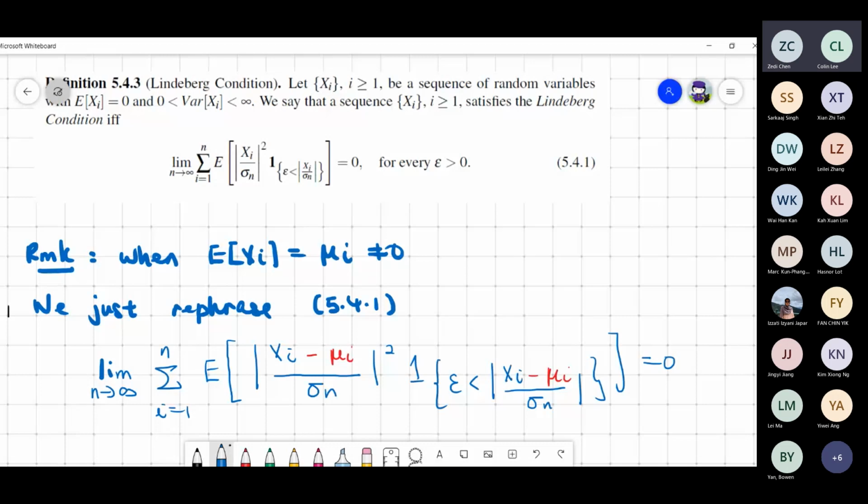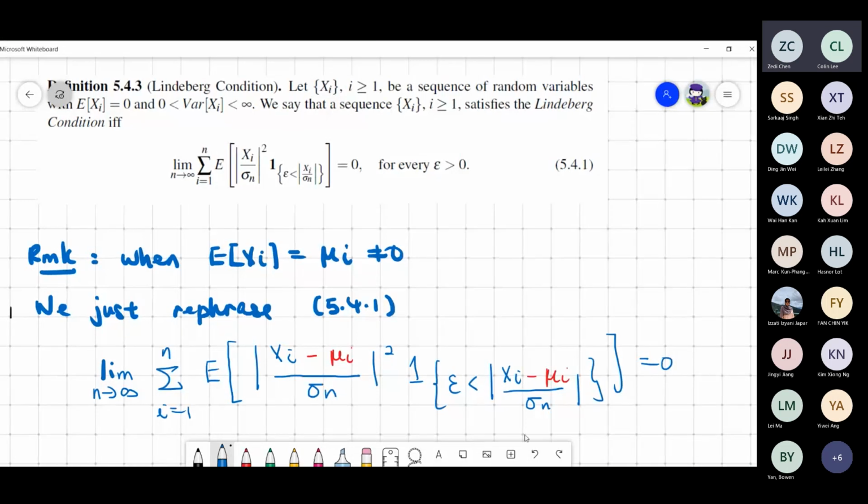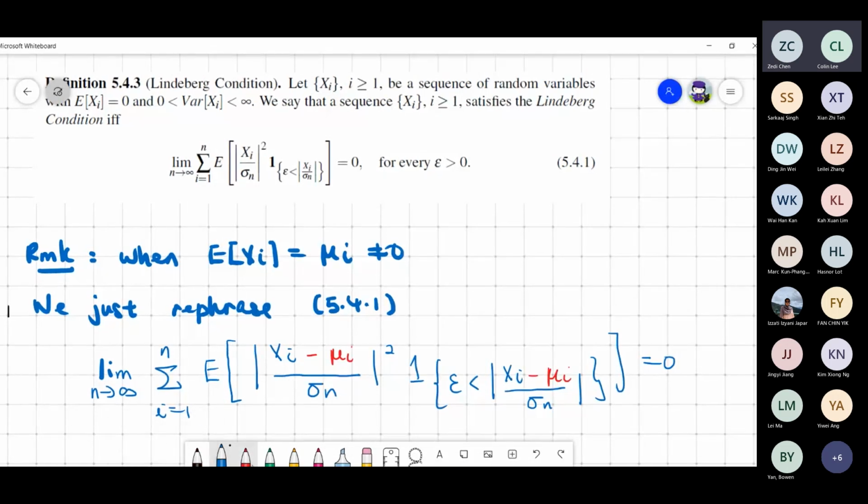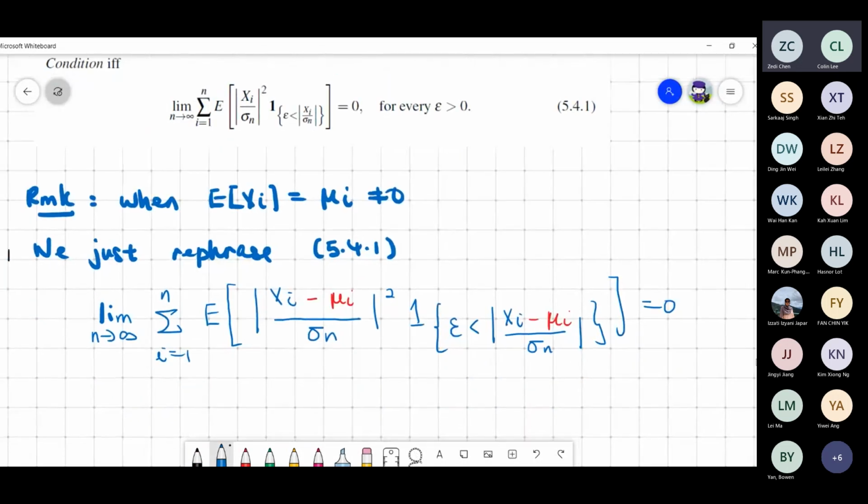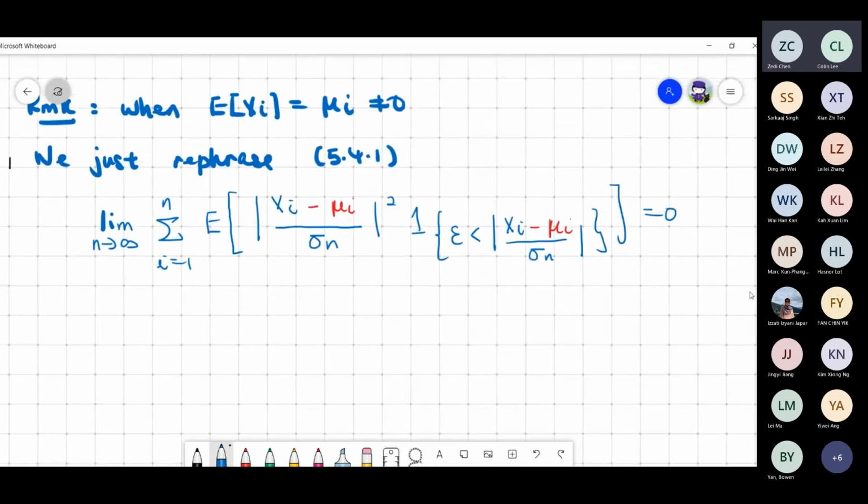Before we proceed to another version of the central limit theorem, just look at this statement. IID always implies the Lindeberg condition.